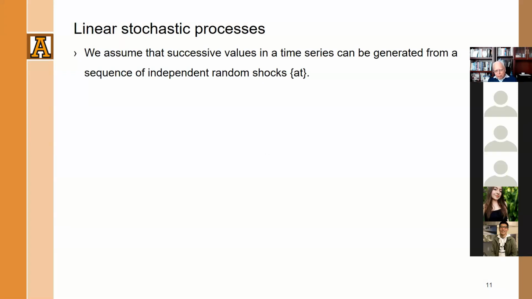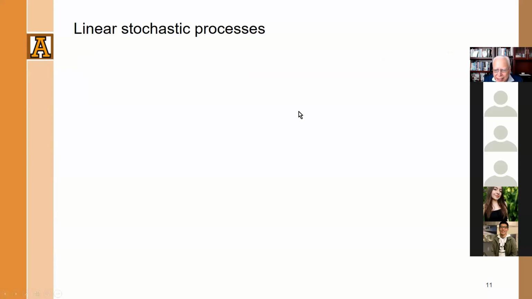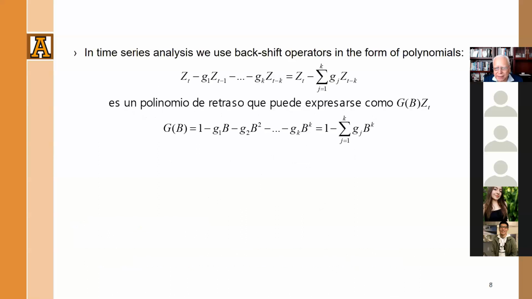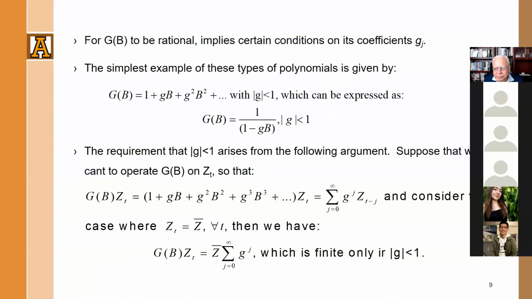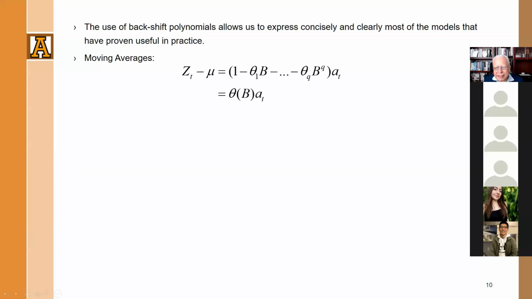Now, we're going to be dealing with linear stochastic processes. We assume that successive values of a time series can be generated by a sequence of independent random shocks, which are, this should be a subindex, A sub t. These that I have in here, in the previous slide, these A_t's are what we're going to define as white noise, which are going to be random shocks.